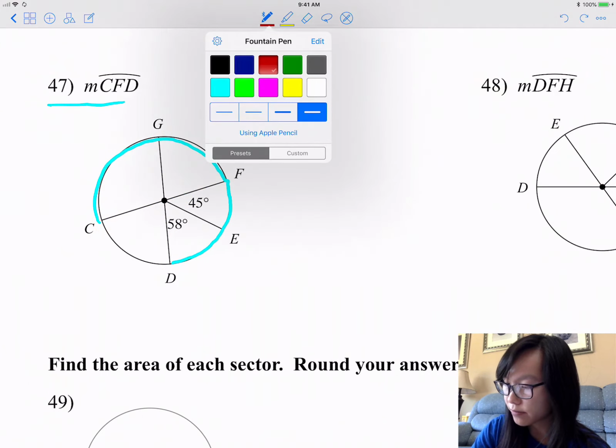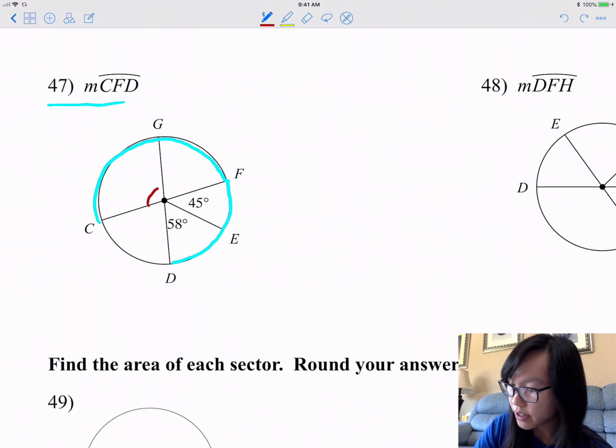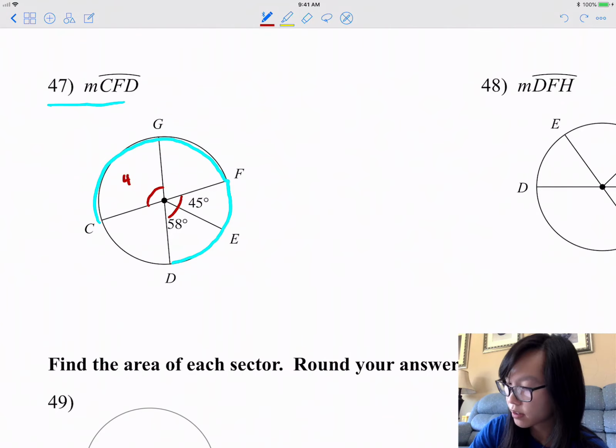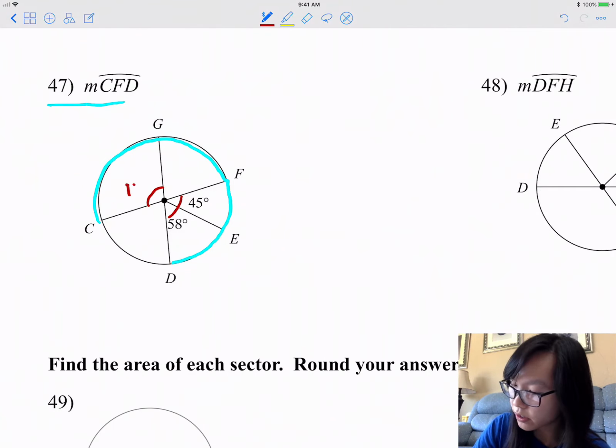Basically, I see that this angle is going to be the same as this angle right here because of vertical angles. So this whole thing is 45 plus 58. And I believe that is 103. So basically, we're almost there because now all we have to do is find this missing piece right here.